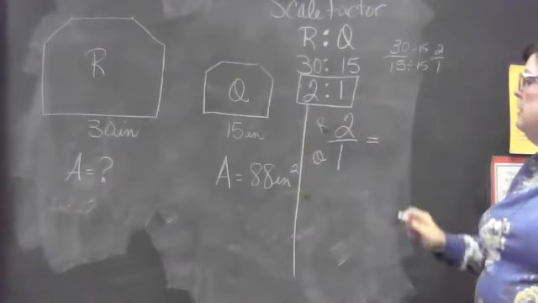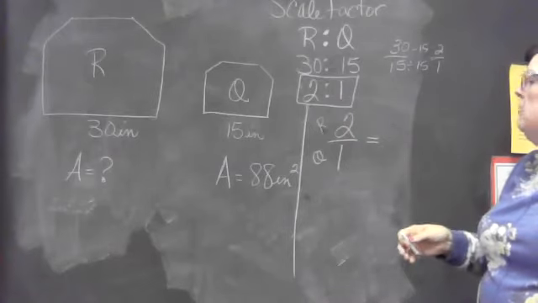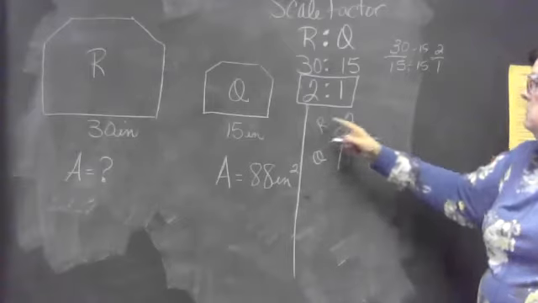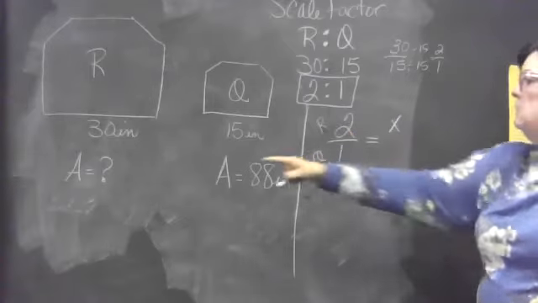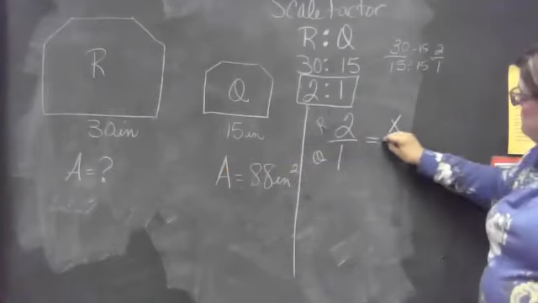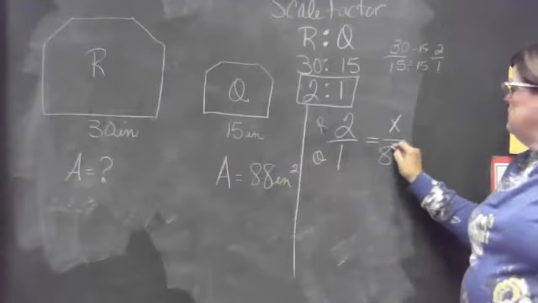But they're wanting us, let's go ahead and set it up for the area. So what's the area of R? It is 30. And what's the area of Q? 88.